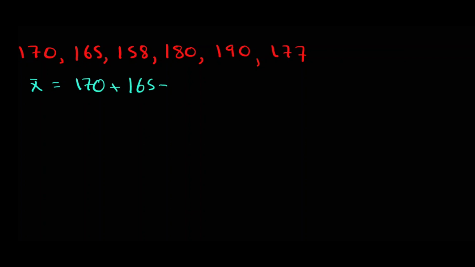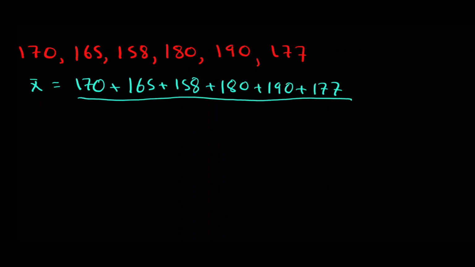So 170 plus 165 plus 158 plus 180 plus 190 plus 177 divided by the number of data points in the sample, so 6. And that gives a sample mean of about 173.33.